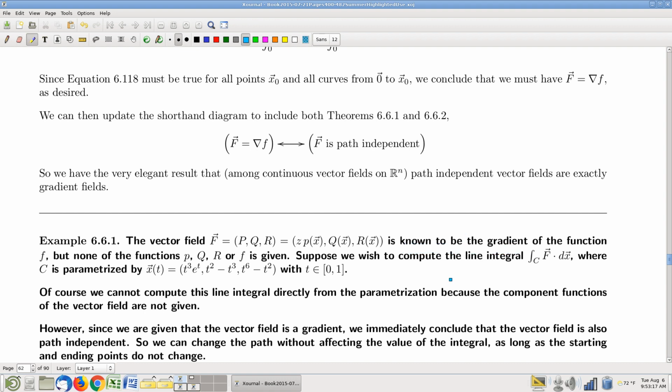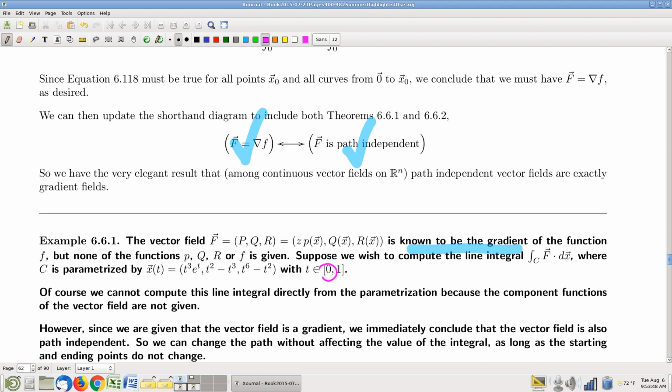The idea is, if it's a gradient, then it's path independent. If it's path independent, I can take this curve here and chunk it. Say I don't like that curve anymore. Look, it's all curvy and algebraically complicated. So let's just throw that curve away, with the understanding that I've got to keep the starting point and the ending point. So what are the starting and ending points?